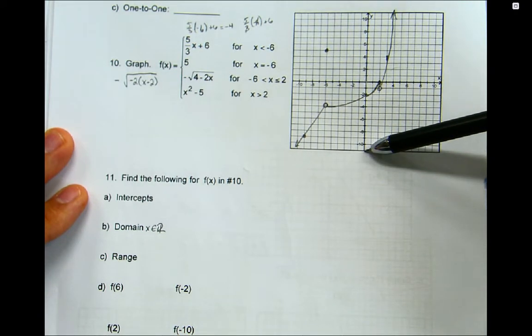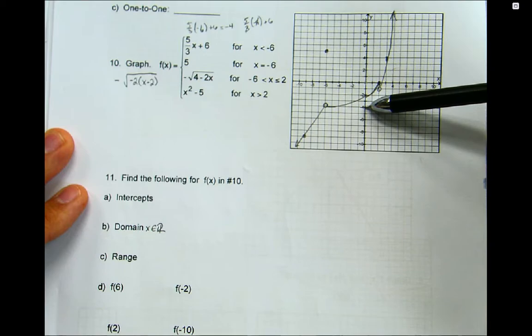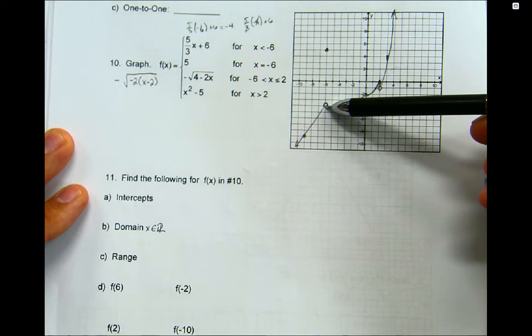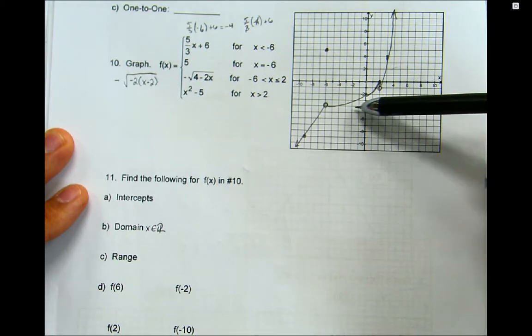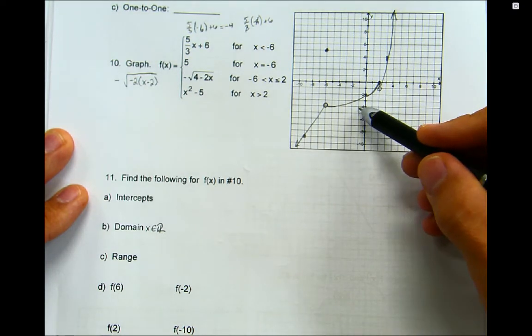Okay, the range, let's take a look at that one. If I start down here at -infinity, it looks like I'm going to have something everywhere except at -4, because I've got an open circle there. It doesn't look like there's any x value for when I've got -4.